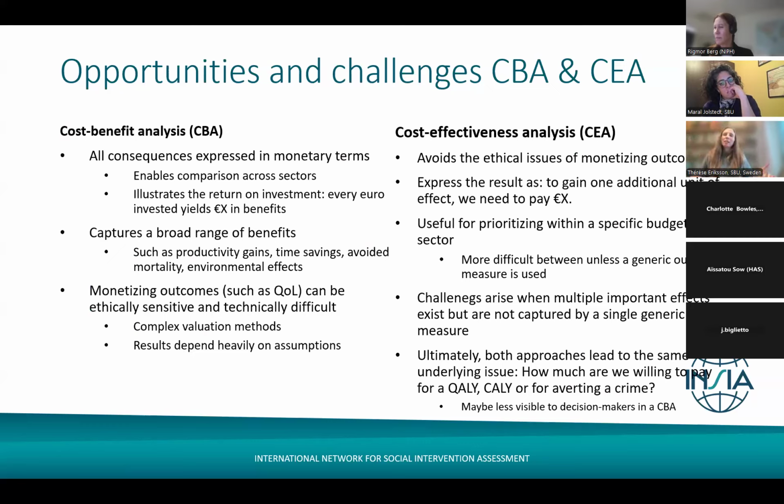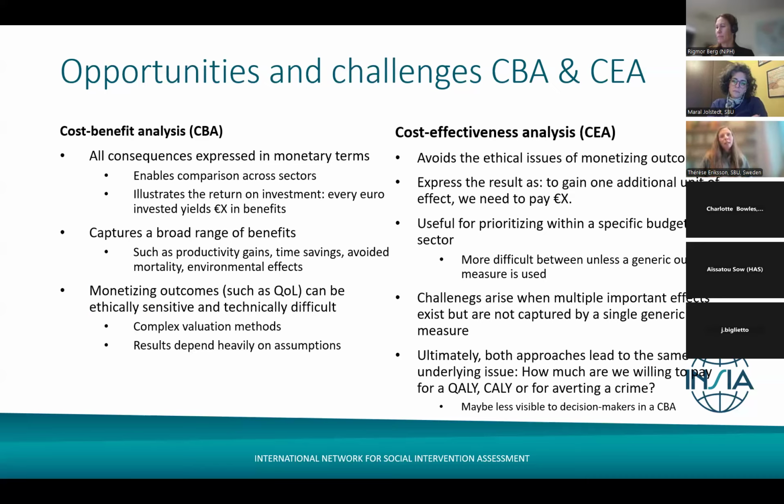It is easy to say every euro invested in this intervention yields X euro return in benefits. And it's also easy to capture a broad range of benefits. It doesn't have to focus on one outcome measurement, but you can include all the different outcome measures since you value them in monetary units.